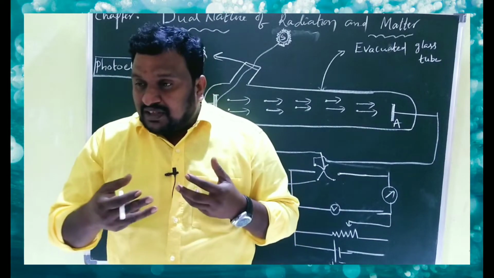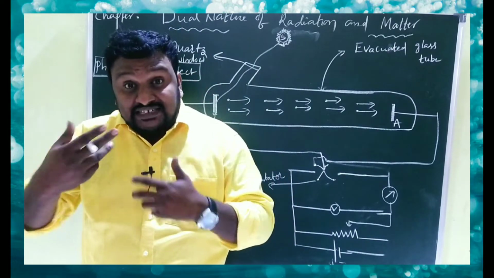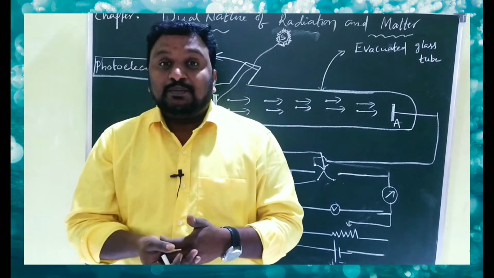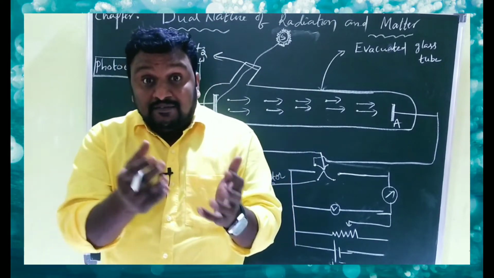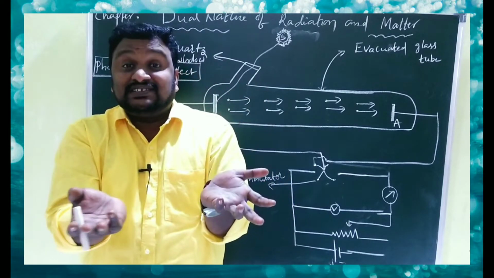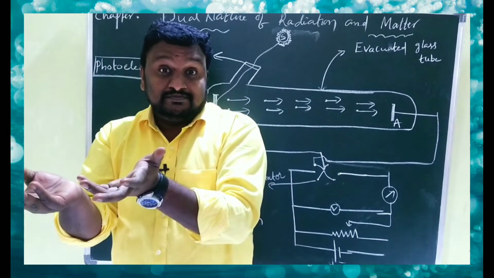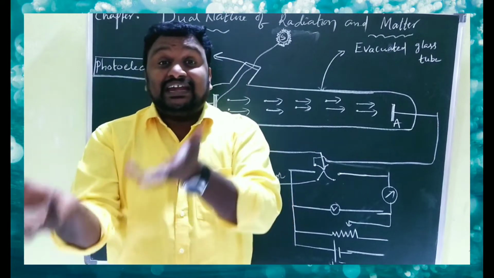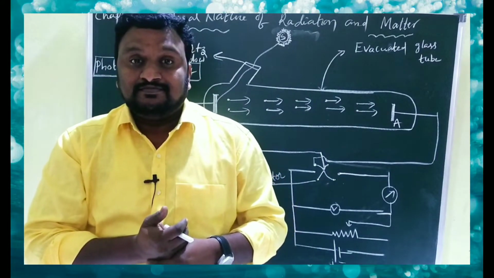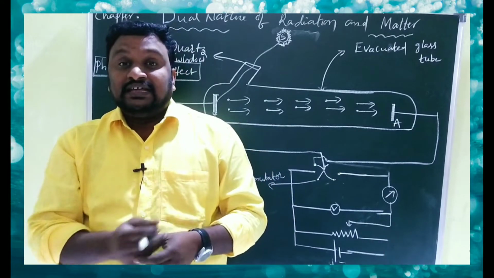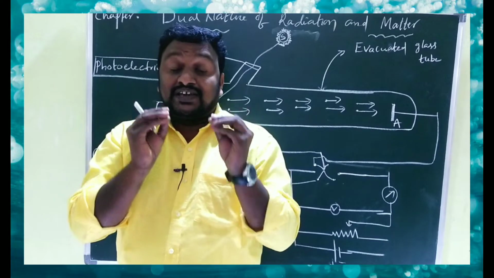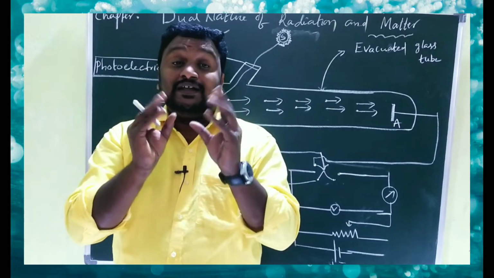Even though electrons want to escape from the metal surface, it is not possible for them. Even if by chance one of the electrons came out from the atom, it is immediately attracted back by those positively charged particles. That's why there is no possibility for the electrons to come out from the atom.